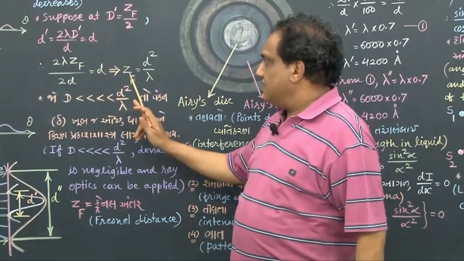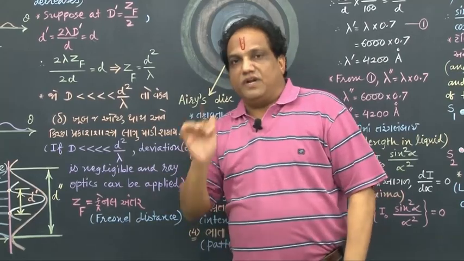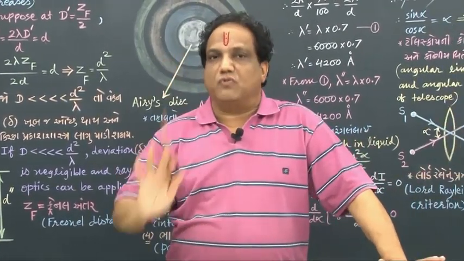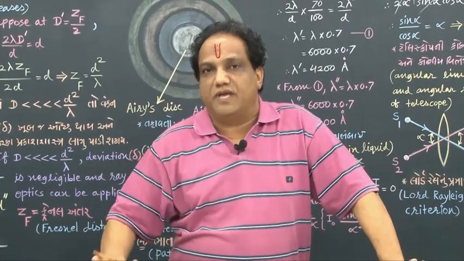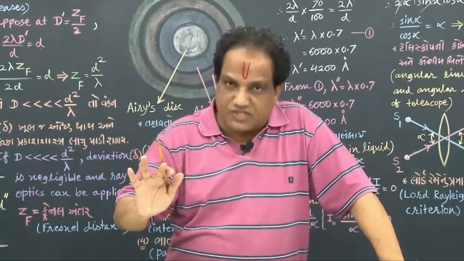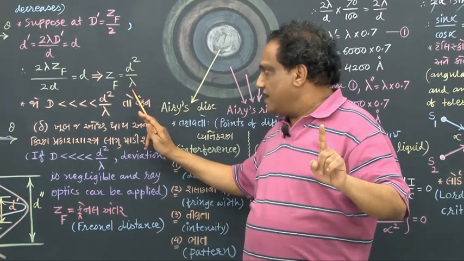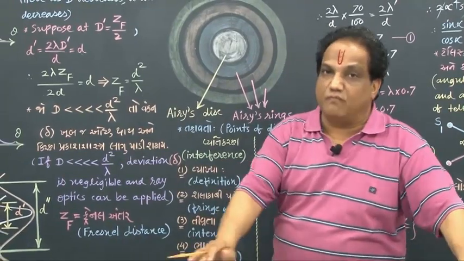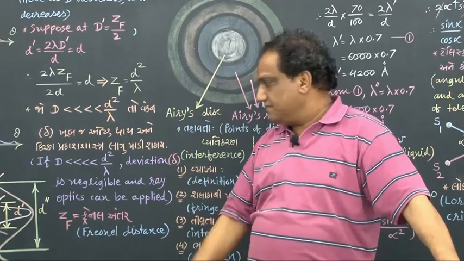By formula, it is ZF equals d square upon lambda, where d is the width of the slit and lambda is the wavelength of the monochromatic light used in the experiment. Okay, fine.